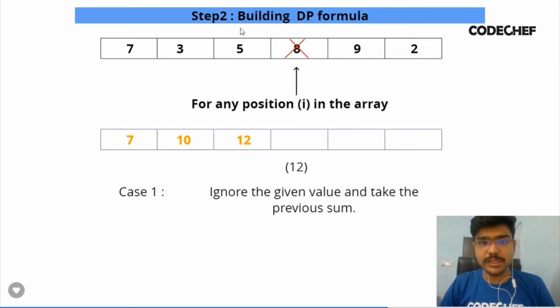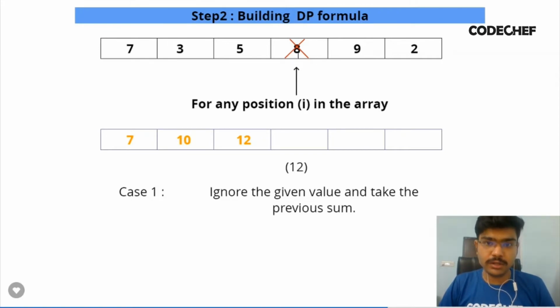Why? Because DP of i minus 1 stores the answer that what is the optimal DP till the i minus 1 elements, right? So what is the optimal answer that we are getting if we are considering i minus 1 elements? And we are doing here in case number 1 that we are not considering the ith element.